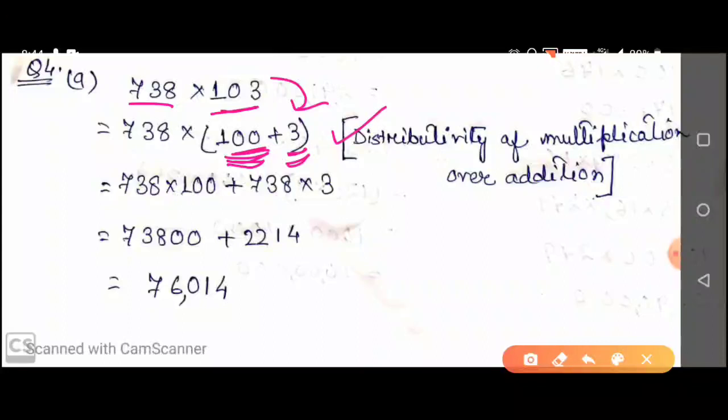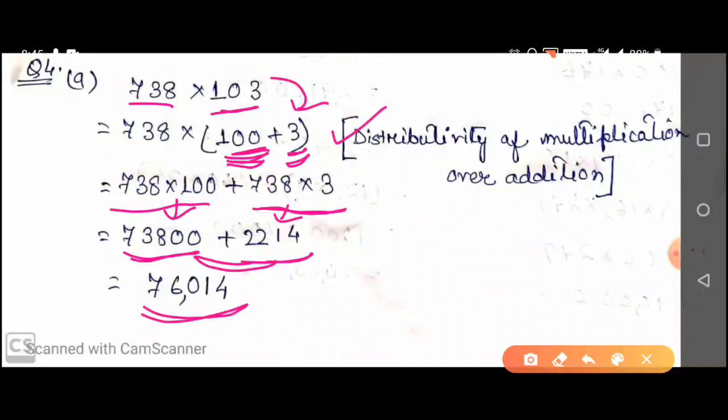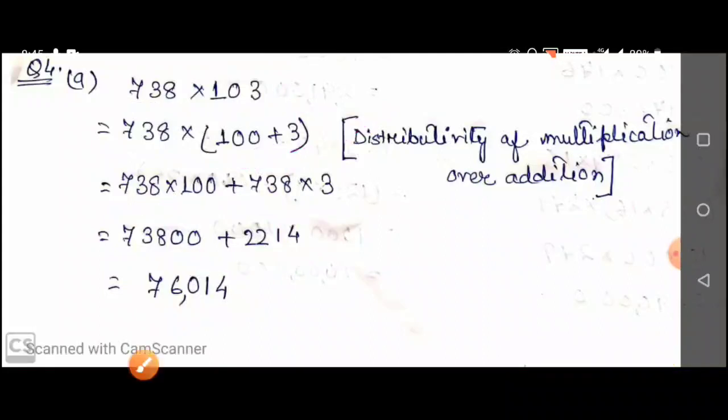Now we will write 738 into 100 plus 738 into 3. So from here we will get 73,800, and here we will get 2,214. After adding these two, we will get 76,014. So this is our answer of question number 4A.